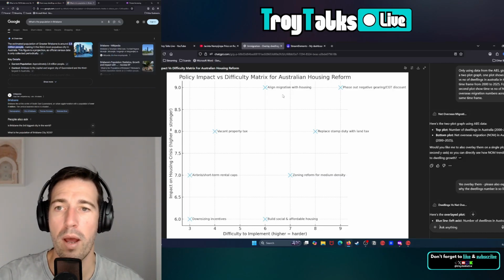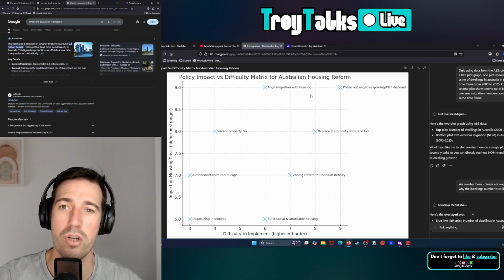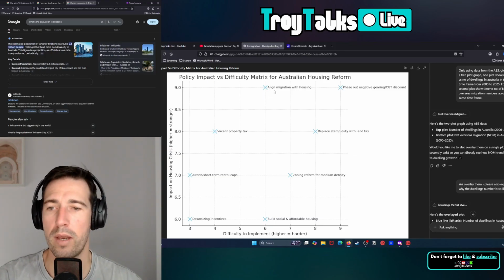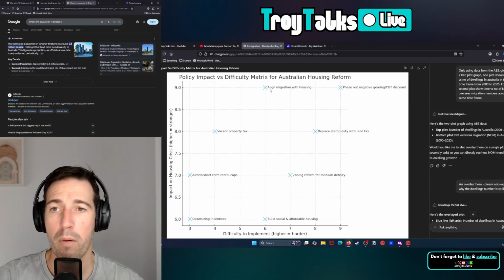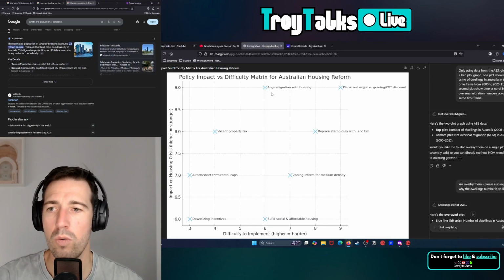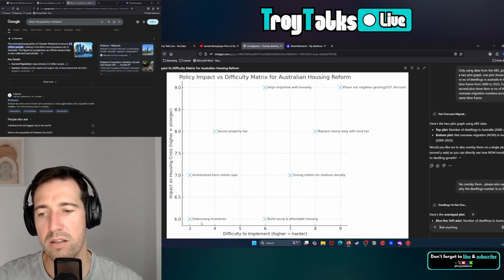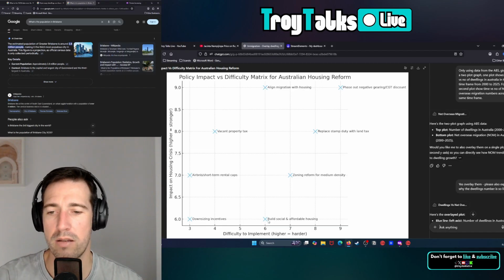So this is probably what the March for Australia and all the anti-immigration rallies are trying to target, this point here. And you could probably argue that if this was a good one to tackle, would this be more beneficial than these 3 alone? Maybe these 2 alone. I think it's obvious that it would have more impact than downsizing incentives, but it's a lot harder to implement.